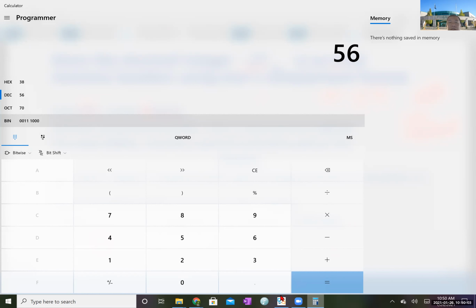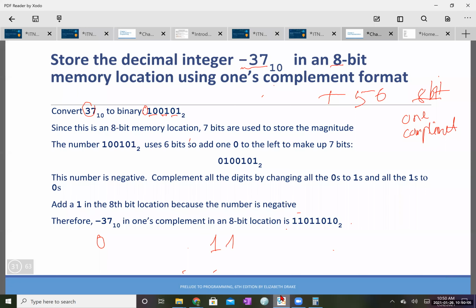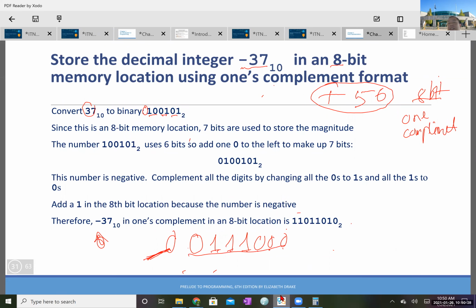So that is 1, 2, 3, 4, 5, 6 bits, and you know that you need 7 bits for the magnitude. That's why you have to add one more 0 here, right? So for the positive 56, you can represent it by 0, this one is the positive sign, and this one is 56 here. And in total, you have 8 bits here.